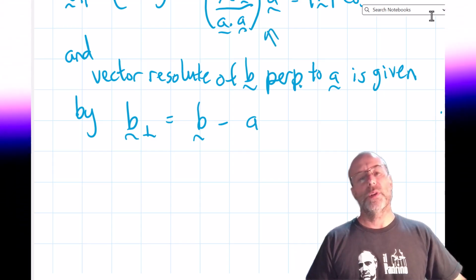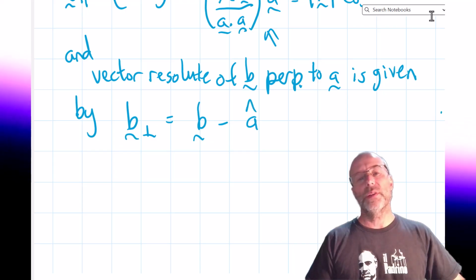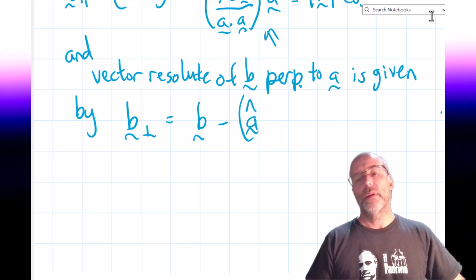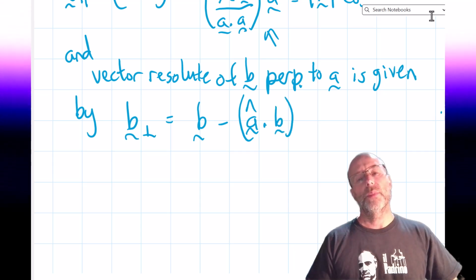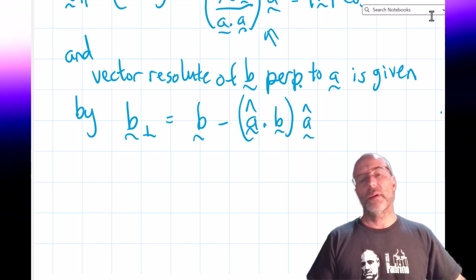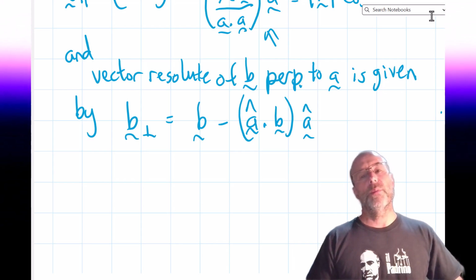So we've got vector B, take away the unit vector of A. Okay, so that's the vector resolute perpendicular to A.